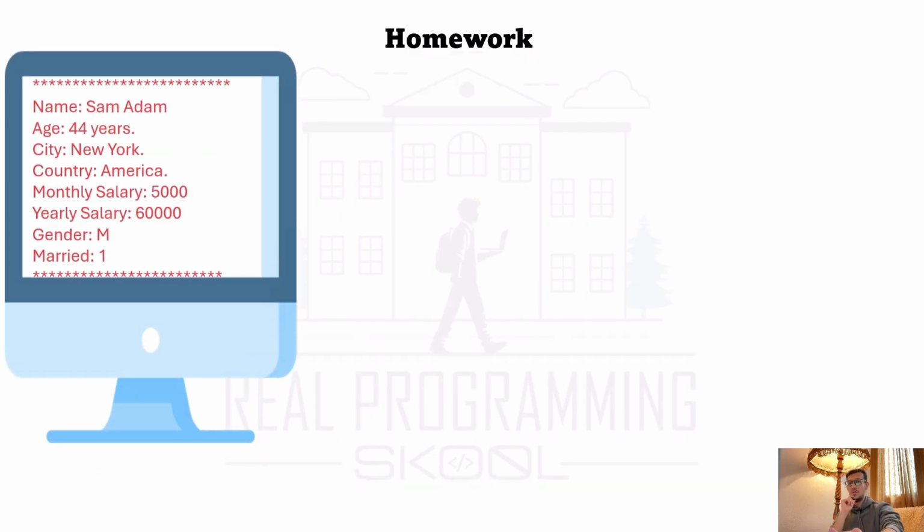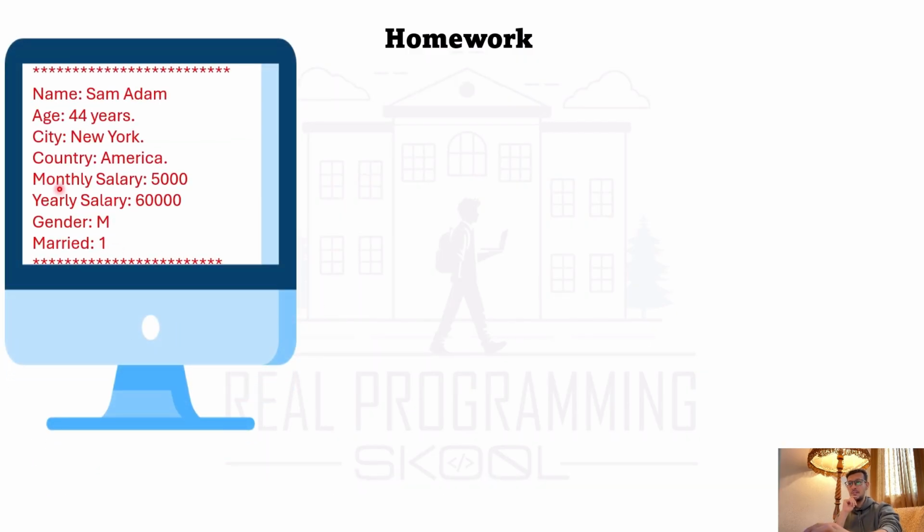The next homework, the second homework: write a program to print this card, a line of stars, and name, put your name, all right? Age, city, country, monthly salary, and yearly salary. For yearly salary, I don't want you to create a variable and assign it an initial value, for example 60,000, because 5,000 per month multiplied by 12 is 60,000 per year.